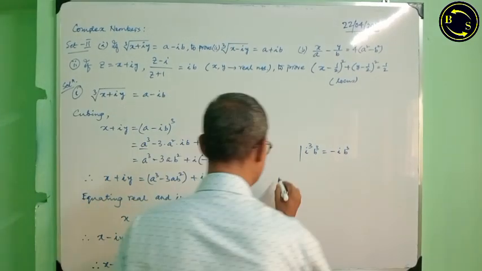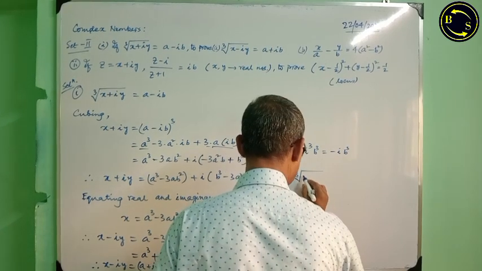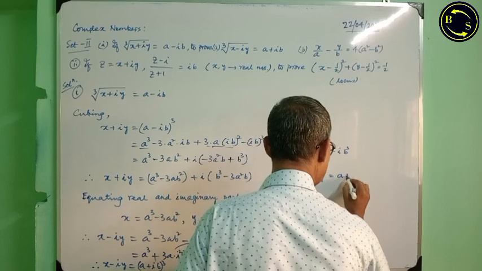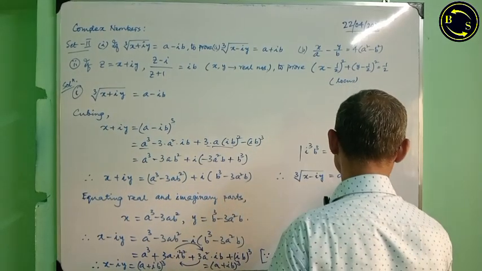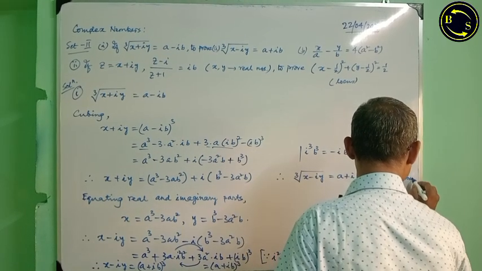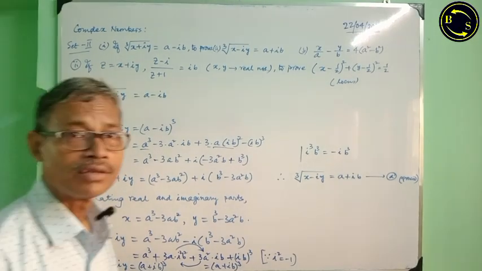Therefore, cube root of x minus iy is equal to a plus ib. That is the first part. The first part is this.